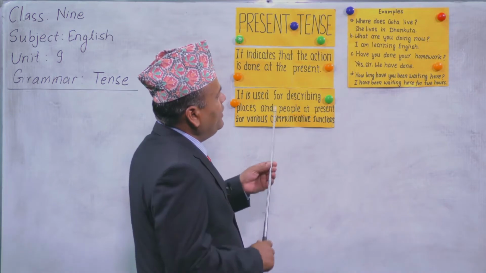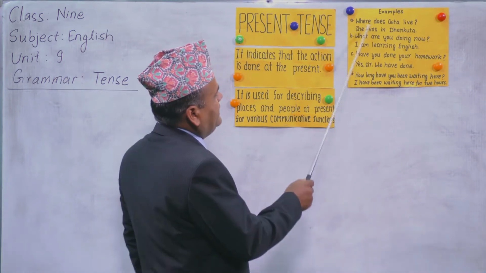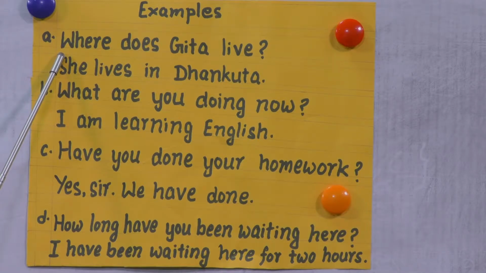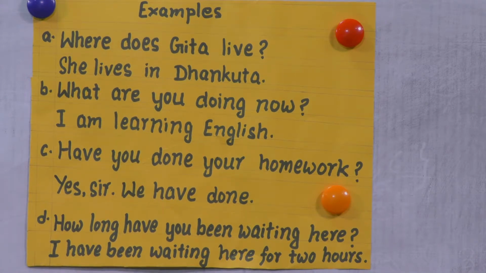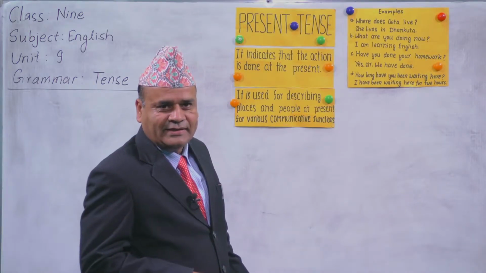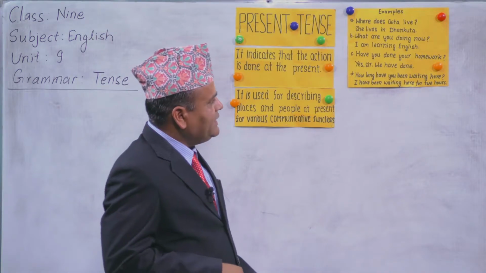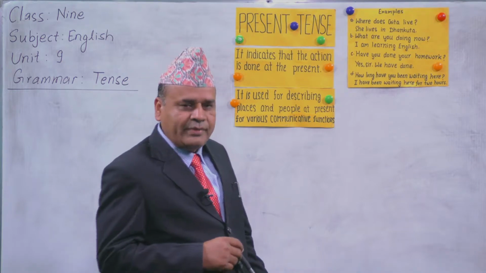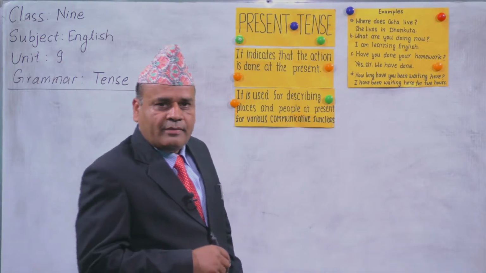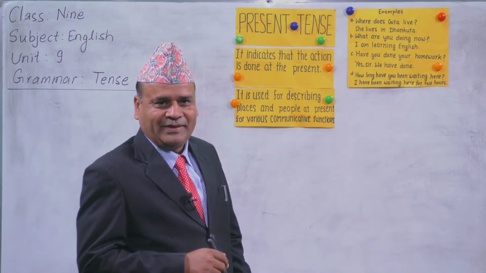Here now, where does Gita live? The first sentence is here. Where does Gita live? It's a present tense, right? And she lives in Dankuta. The answer is also in present tense, all right? The first sentence is in present tense. This is simple present, or we can use present simple as well, okay?